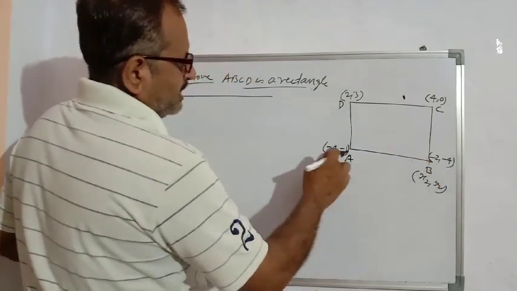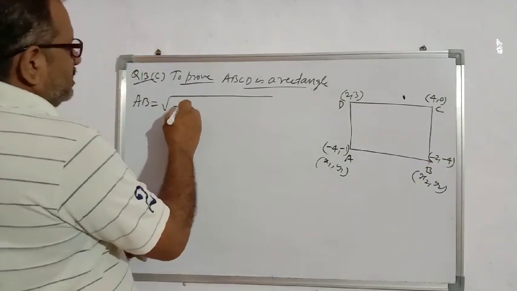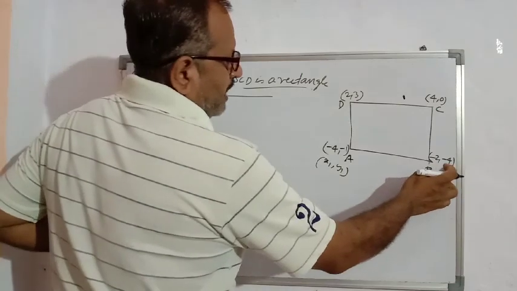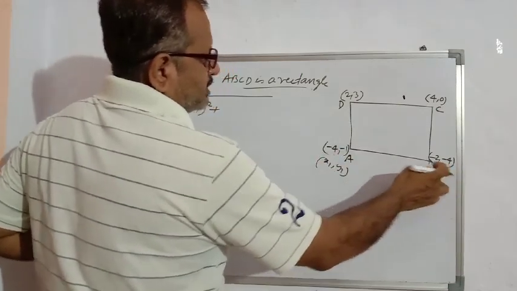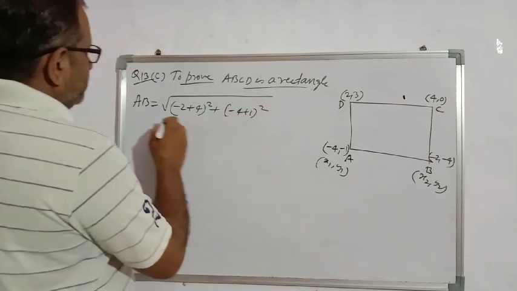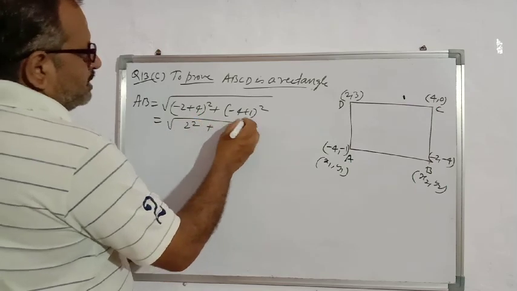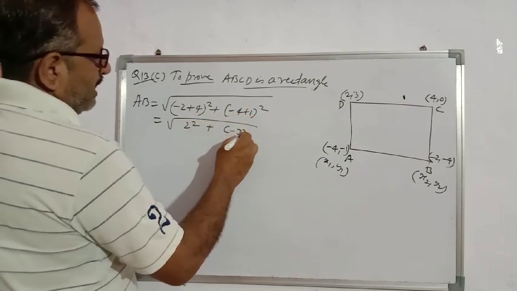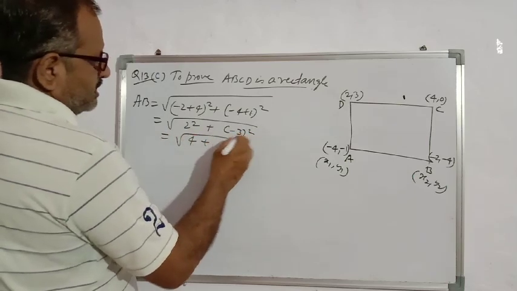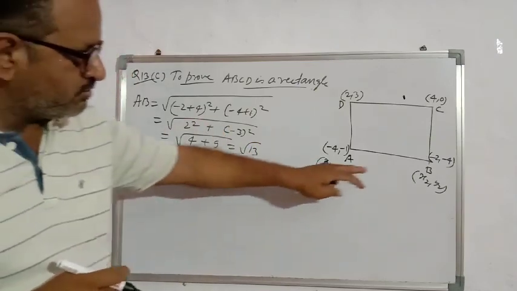So x2 minus x1: -2 minus -4, it will be -2 plus 4, whole square. y2 minus y1: -4 plus 1, whole square. 2 square is 4, -3 square is 9, 9 plus 4, root 13. So AB is equal to root 13.